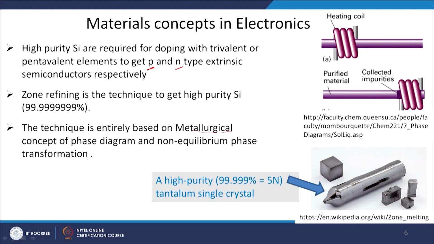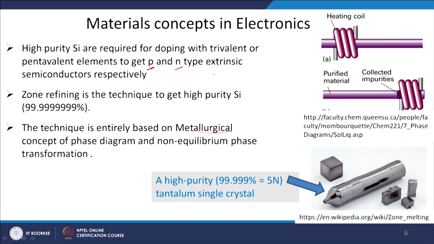These two ideas give you this high purity silicon, and the purity can be 99.999999 percent, I think I have covered all the 9s. So, you can understand that the impurity level is at around 0.000001 percent.